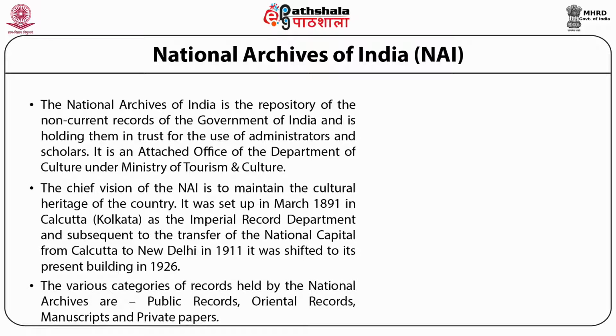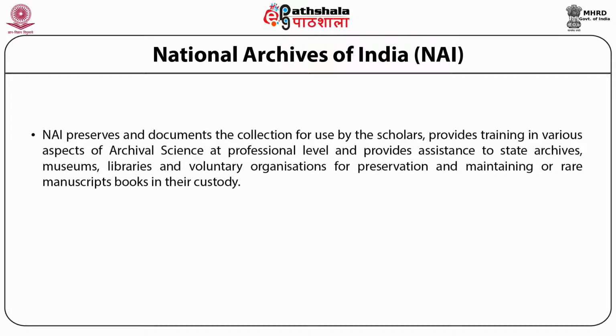The various categories of records held by the National Archives are public records, oriental records, manuscripts, and private papers. NAI preserves and documents the collection for use by scholars, provides training in various aspects of archival science at professional level, and provides assistance to state archives, museums, libraries, and voluntary organizations for preservation and maintaining of rare manuscripts and books in their custody.